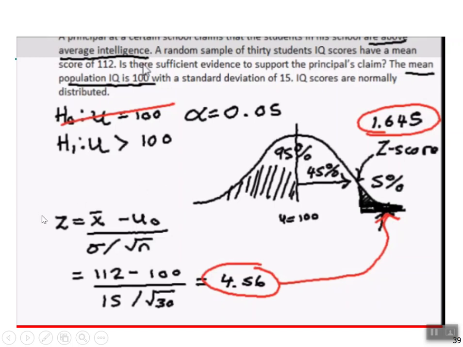Using our Z statistics formula, we can find that the Z score is 4.6. Our alternative hypothesis is that our mean is greater than 100, better than the general population. Therefore, we are performing a one-tailed test.